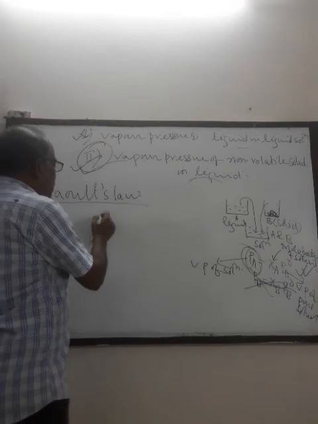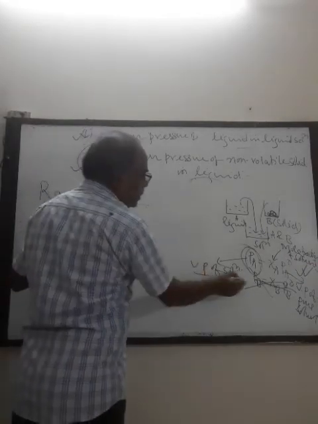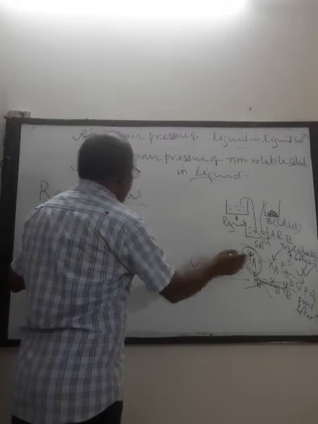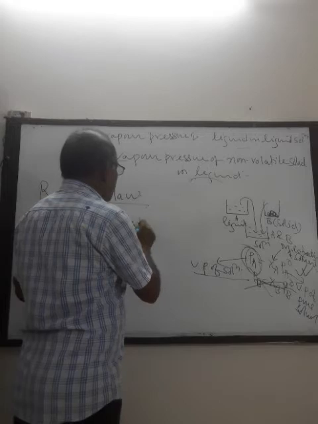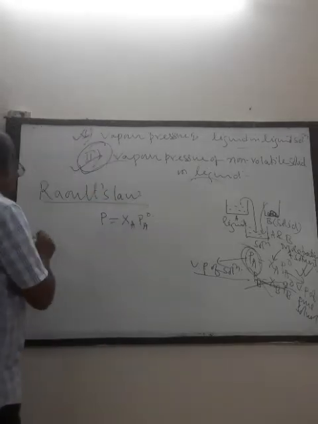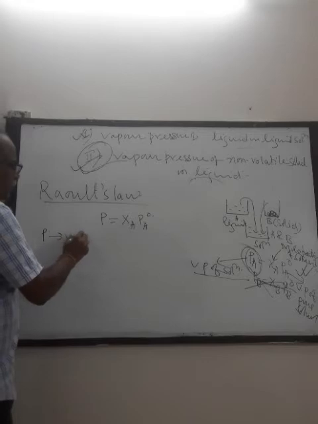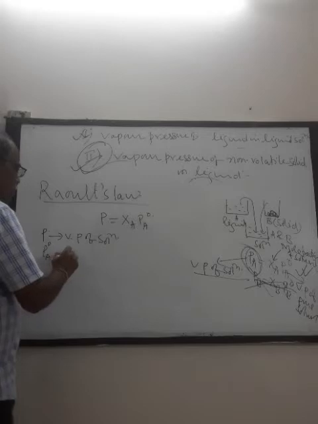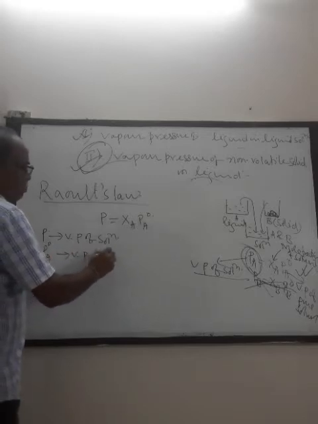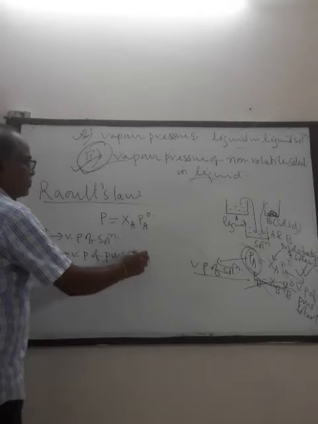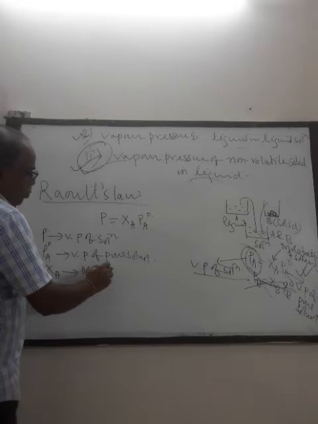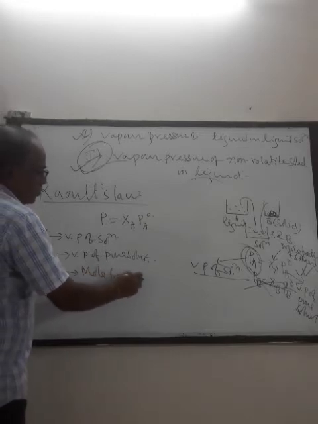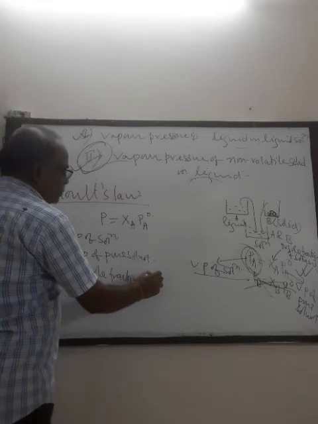So the relation PA can be replaced, since it represents the solution, simply by P equal to XA PA0. In this relation, P represents the vapor pressure of solution, PA0 the vapor pressure of pure solvent, and XA the mole fraction of solvent.